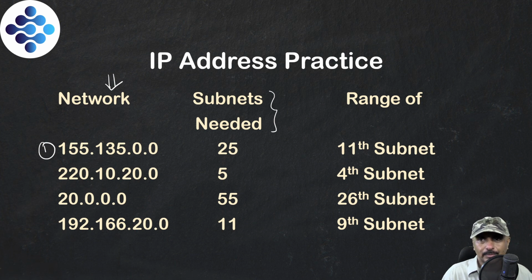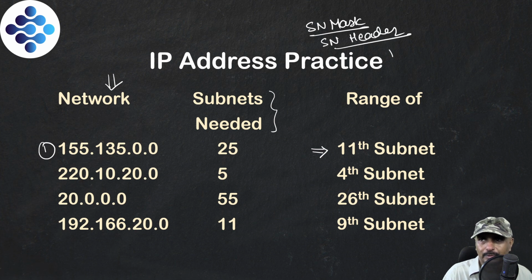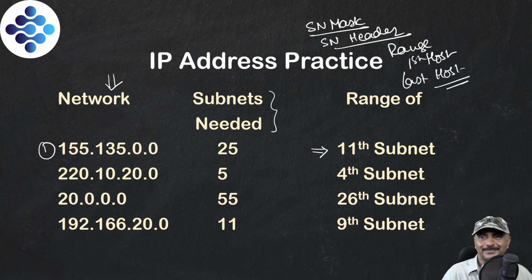In this, 25 subnets are needed and you have to calculate the range of the 11th subnet. So you have to write the subnet mask, the subnet header, and then you have to give the range. Range means first host and the last host. Fine. All the best.